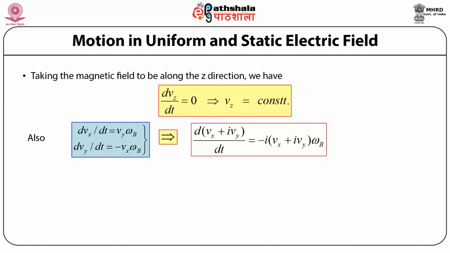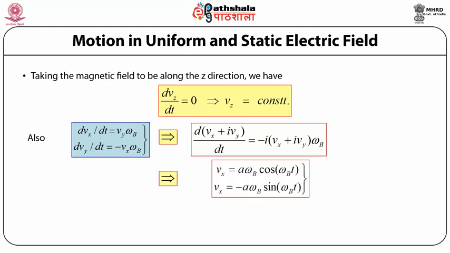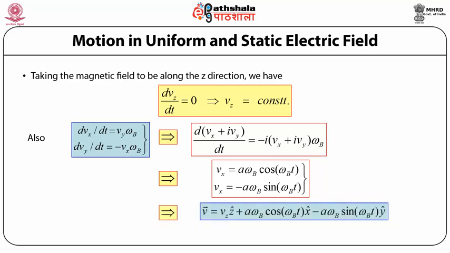This equation has the solution vx equals a omega B cos omega B t and vy equals minus a omega B sin omega B t, or v equals vz into z cap plus a omega B cos omega B t into x cap minus a omega B sin omega B t into y cap.